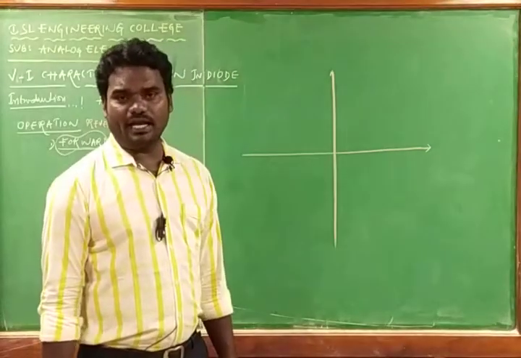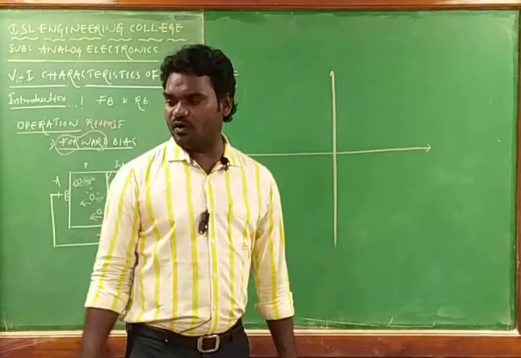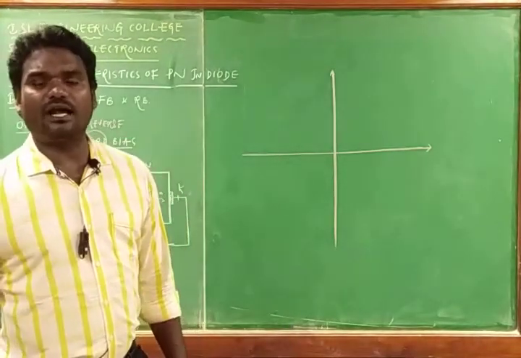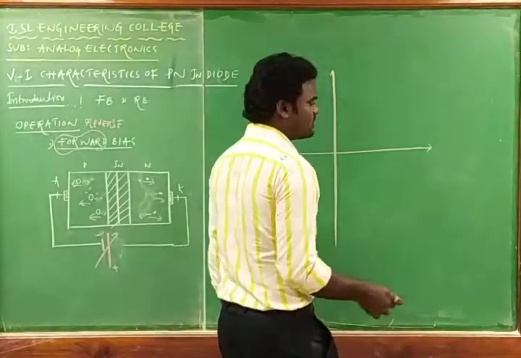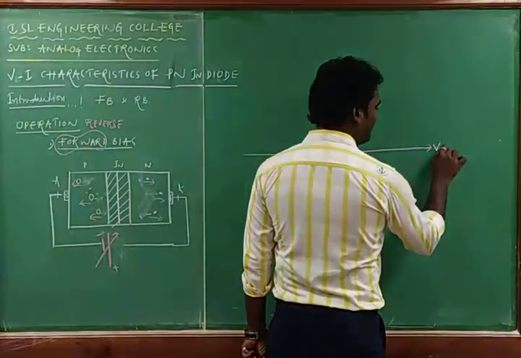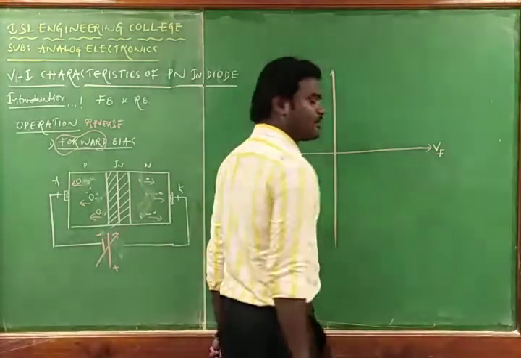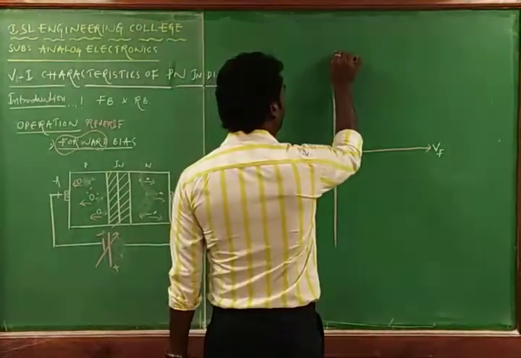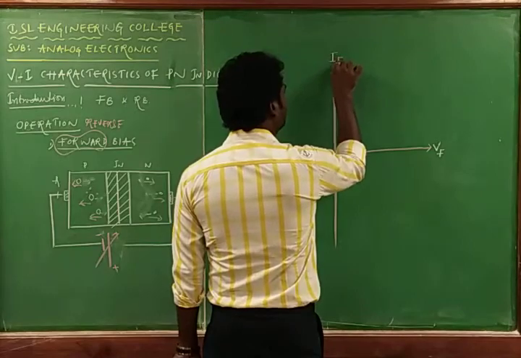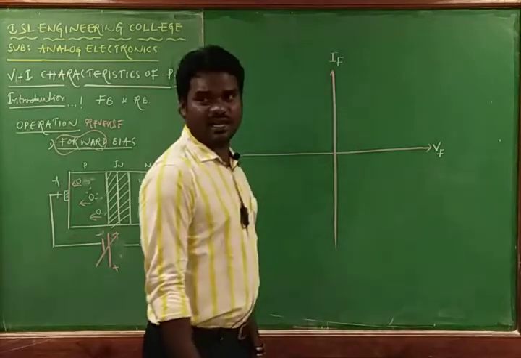We are assuming that whenever the PN junction diode is connected in forward bias, the voltage is positive and the current conducted is also positive. So I represent the forward bias voltage, the external DC voltage we apply, as VF, and the current through the PN junction diode in forward bias as IF.